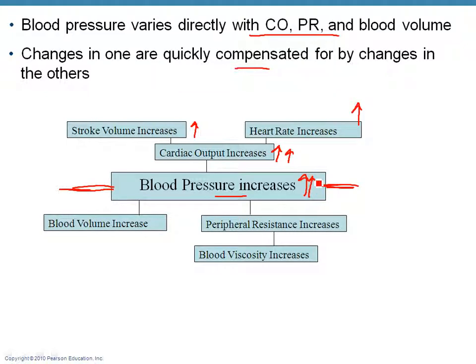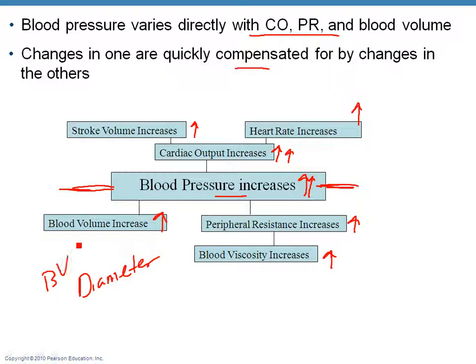But if you increase the blood volume, just increase the overall amount of blood you have in the vessels, there's just more blood there. If you do that, you increase your blood pressure. You increase the blood viscosity, make it thick, make it sticky. That increases the peripheral resistance. That increases the blood pressure. Now, blood vessel diameter.